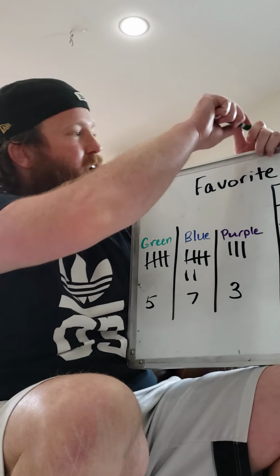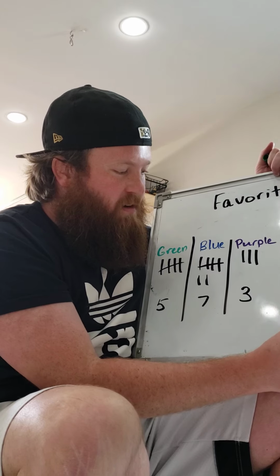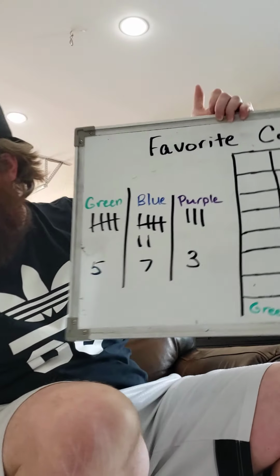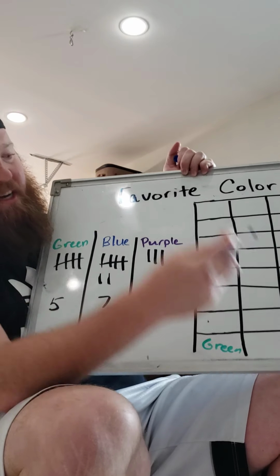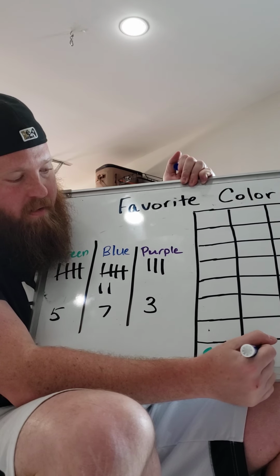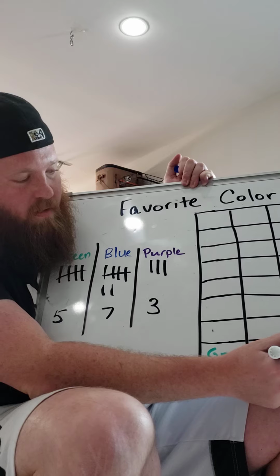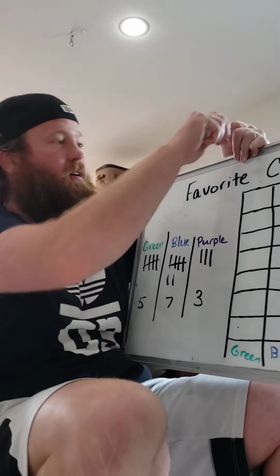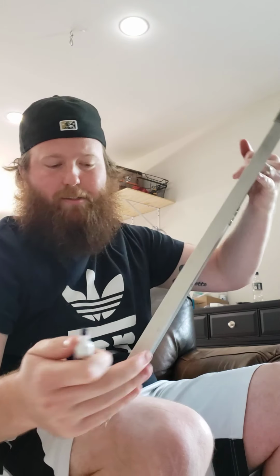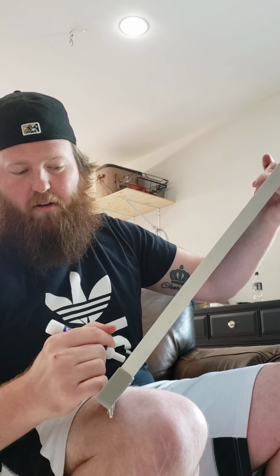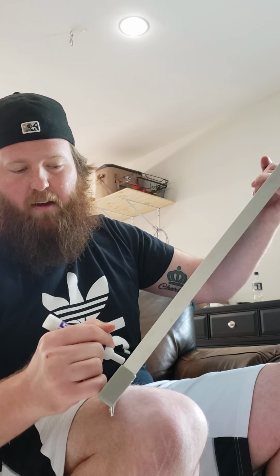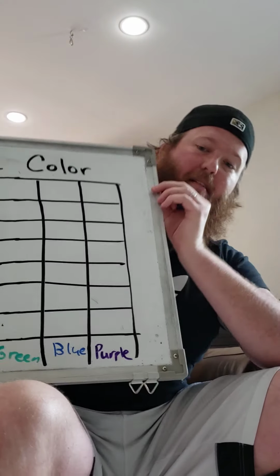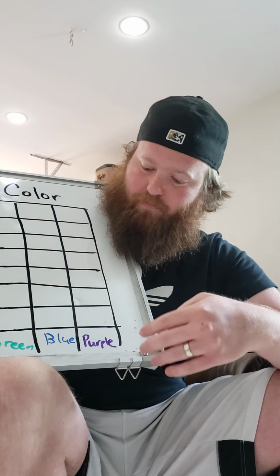So I'm going to go ahead, put green here, and I'm going to put blue over here, and purple. I'm going to have to turn the board away from me, I apologize. Purple goes over here.